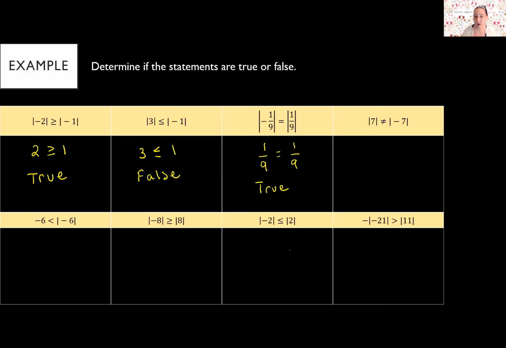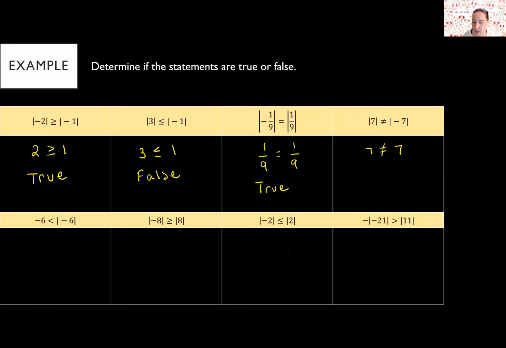Next, we have the absolute value of 7 is not equal to the absolute value of -7. So it's just like the one we just did. It's just now we're looking, are these not equal? Well, the absolute value of 7 gives you 7, and then the absolute value of -7 gives you 7.